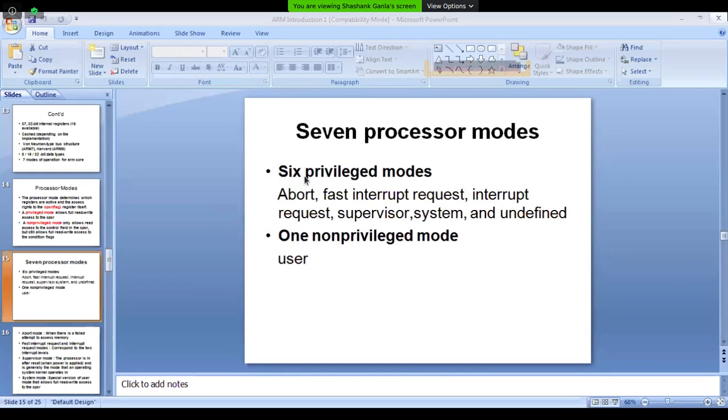He will be doing that in the user mode of operation. Only when the necessity of the CPU comes, it will go from user mode to supervisor mode through an instruction called SWI instruction.